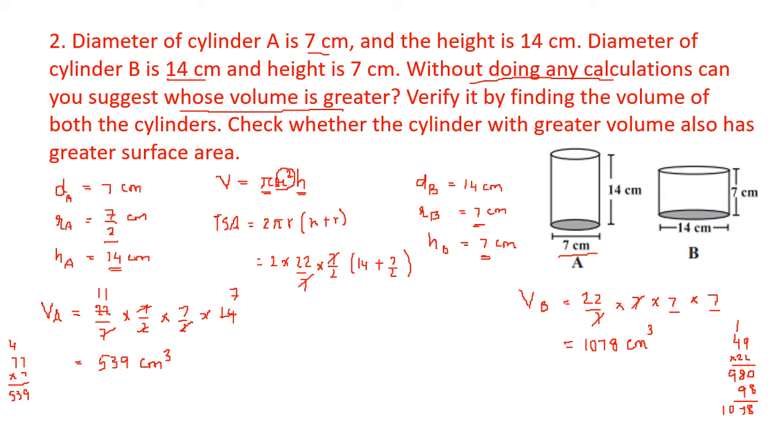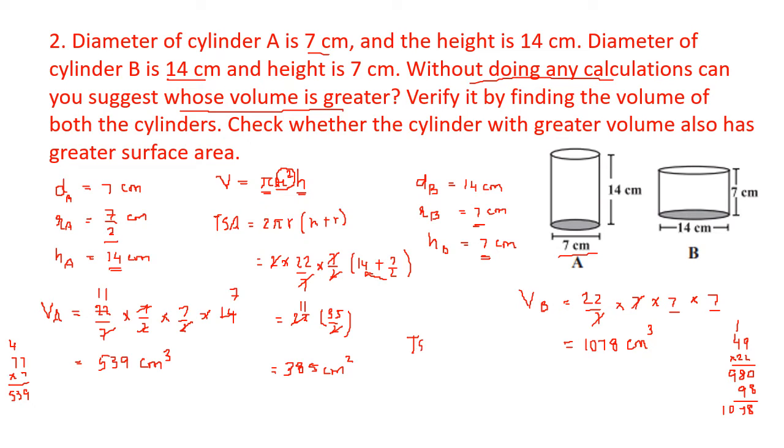So 7 and 7 get cut, 2 and 2 get cut, so left with 22 into bracket 14 2s are 28, 28 plus 7 is 35 upon 2, 2 1s are 2, 2 11s are 22, so 35 into 11 will give us 385 centimeter square. That is the surface area of A.